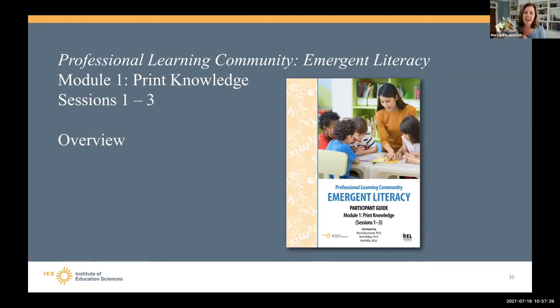I'm going to use slides and activities directly from Module 1 of the PLC, so slides that you will be using. You'll see and hear the exact content that you will use when you're a facilitator, facilitating these PLC sessions with teachers. Since we, again, don't have the time to experience the whole module and look at every activity, we'll engage in some of the activities, and I'll describe other activities.